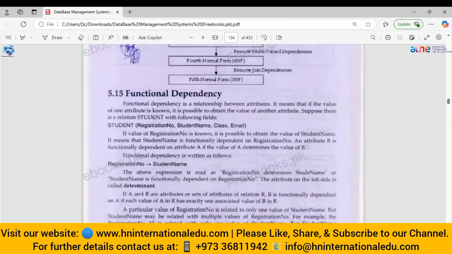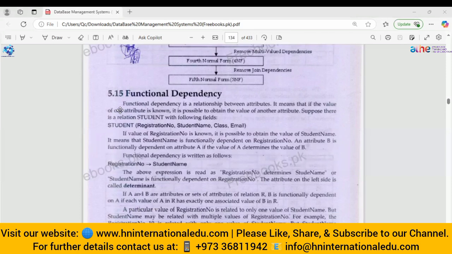So first of all, we have the functional dependency. What does it mean? It means a specific value or attribute that depends upon another. For example, the student name is completely dependent on a registration number.